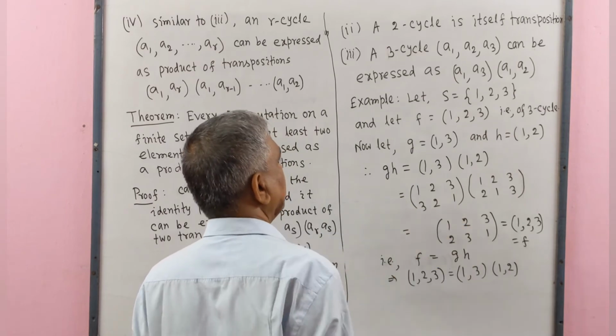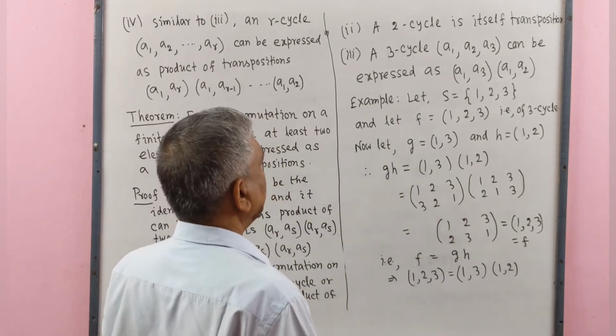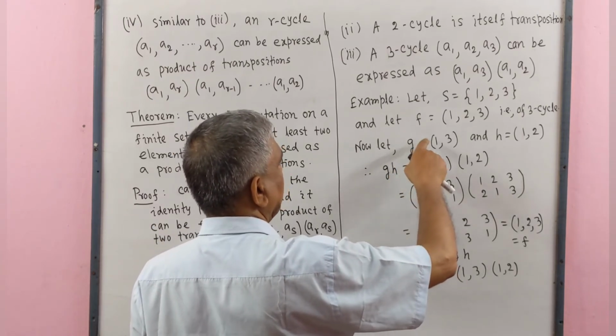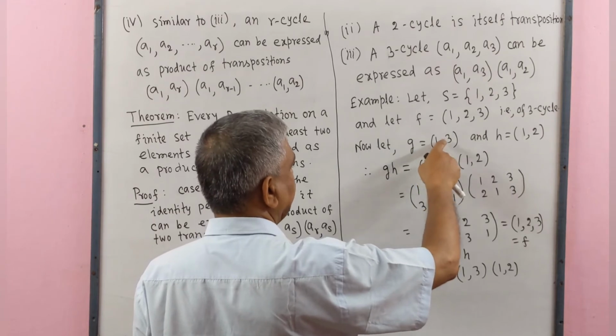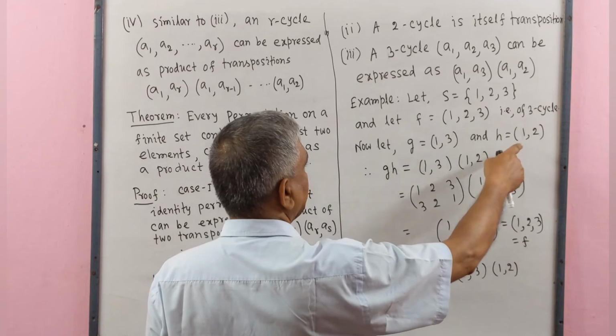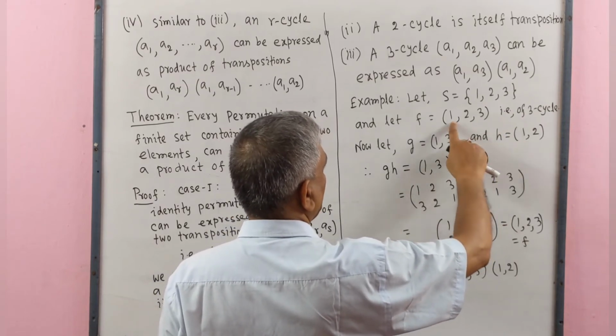This is a 3-cycle. Now let G be another permutation of 2-cycle (1, 3) and H is another 2-cycle permutation (1, 2).